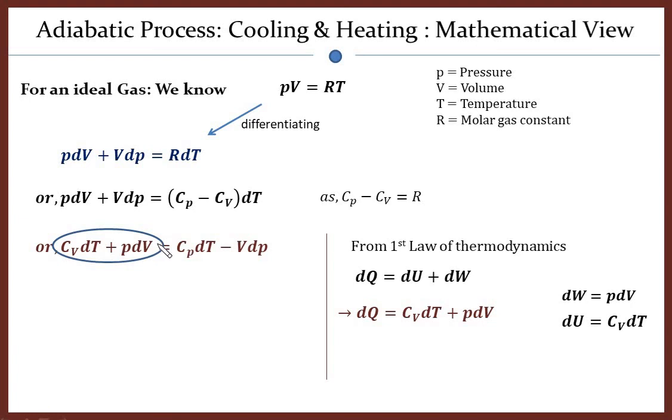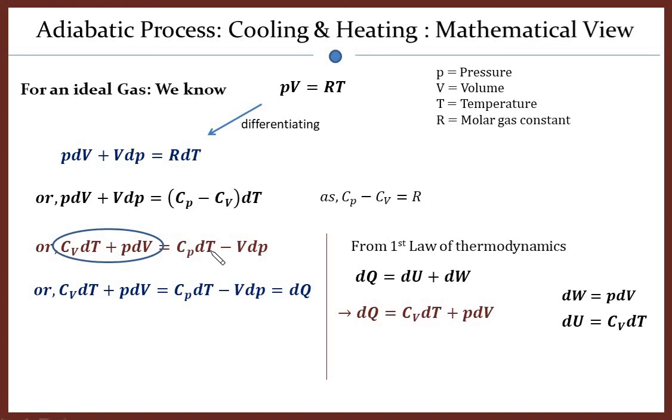That is, P into dV. And del U by del T is nothing but Cv. Therefore, du equals Cv dT. If you utilize the first law of thermodynamics, you can easily see this factor is dq. So if this factor is dq, this factor will also equal dq.